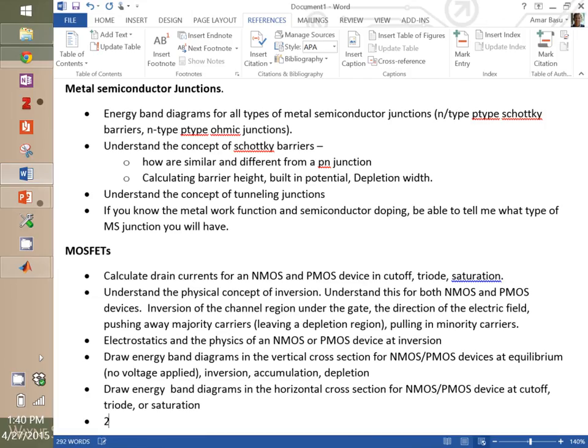And then finally, the second order effects. The short channel effect, body effect, and gate tunneling. All right, so just as trivia, what does a short channel effect do? How does that change the performance of the MOSFET?